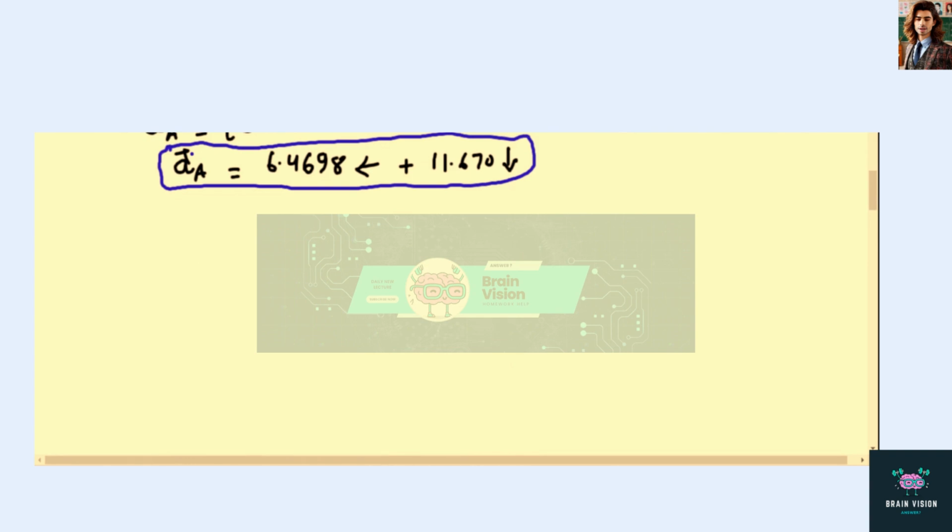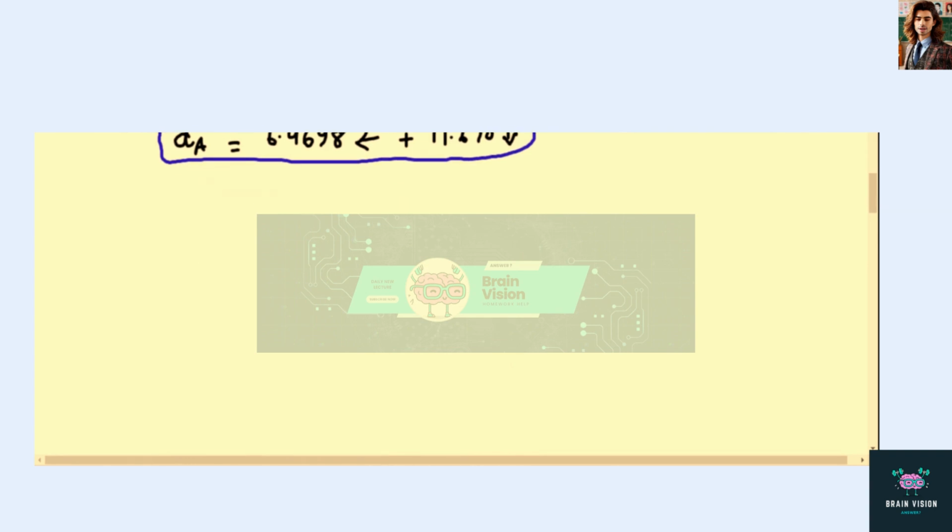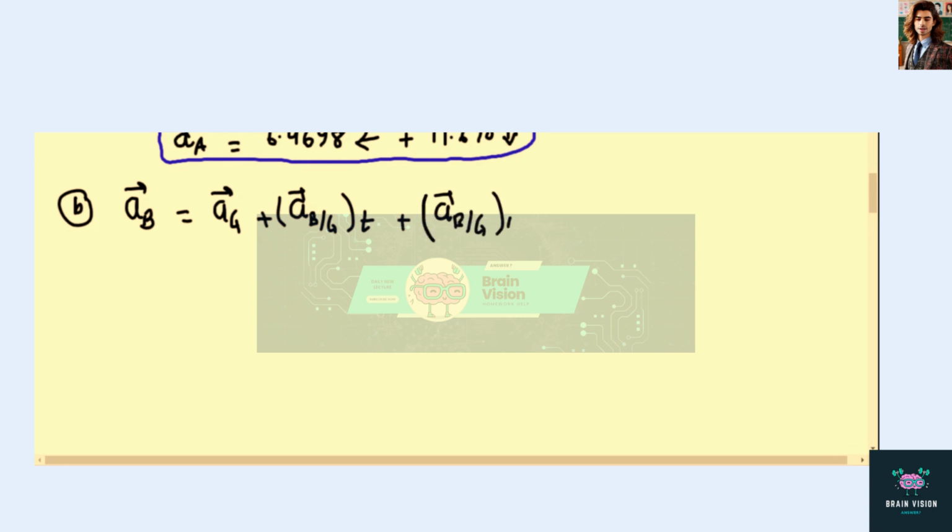Now part B, the acceleration of point B. The acceleration of B can be written as the acceleration of G, plus the acceleration of B with respect to G in the tangential direction, plus the acceleration of B with respect to G in the normal direction.